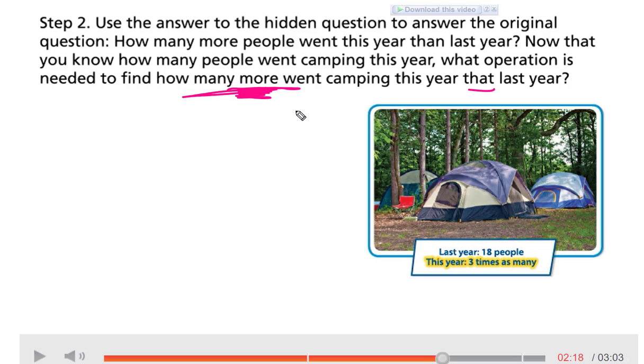It is not divide. More means plus or minus, addition or subtraction. So in this case, we need to know how many more. So it's plus. No, my hero, this is subtraction.